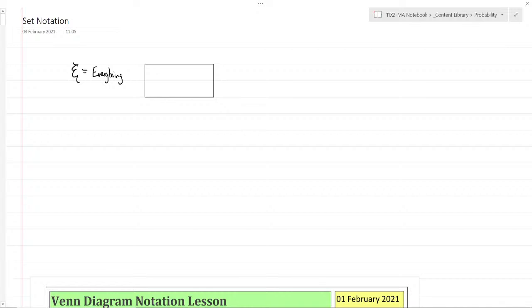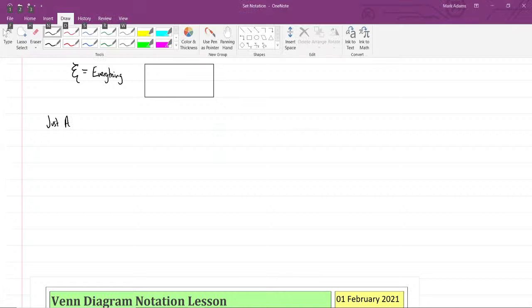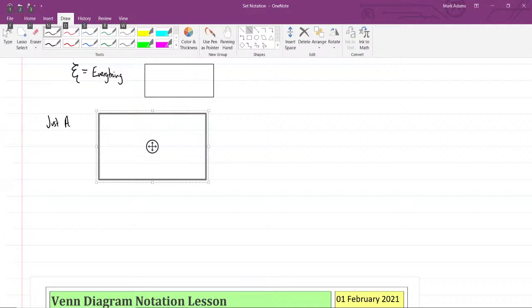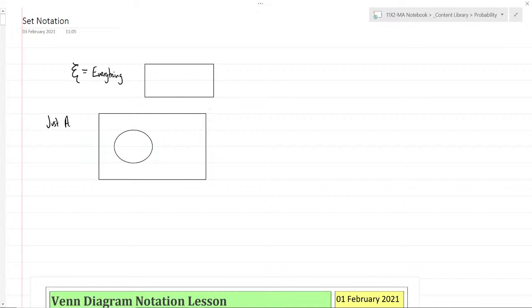So let's have a look at some others now. Let's have a look at, let's say, A. Let's draw another rectangle here. Now, if I've got two circles which overlap, like so, there we go.